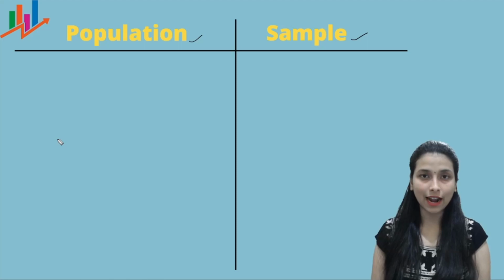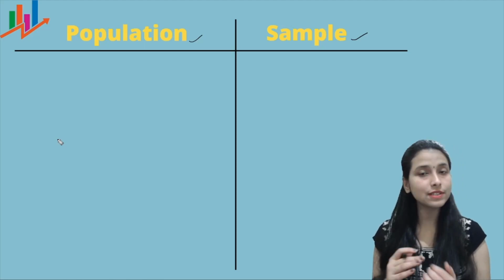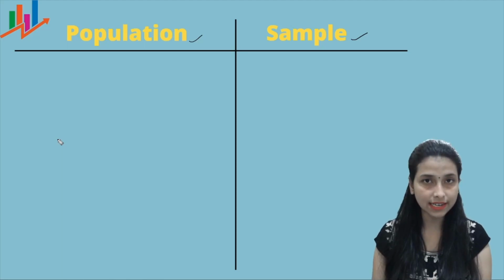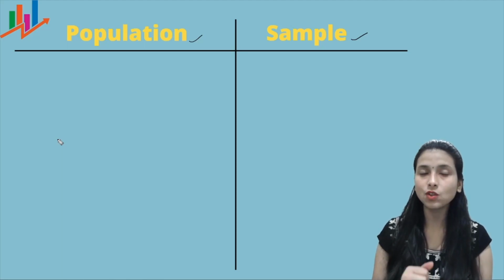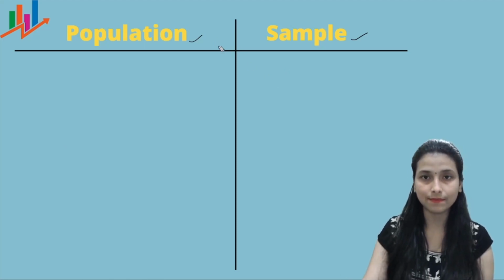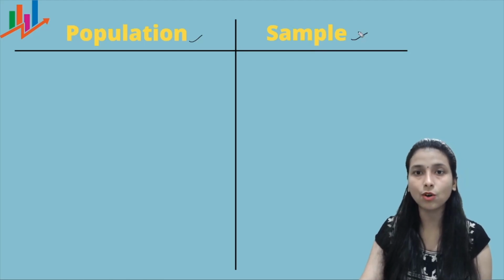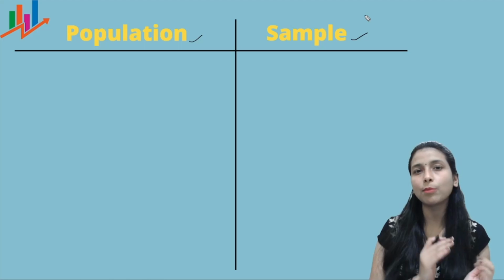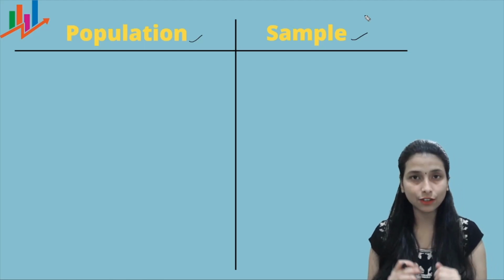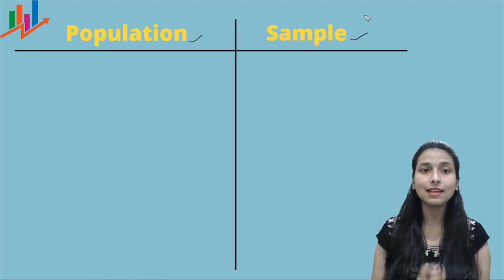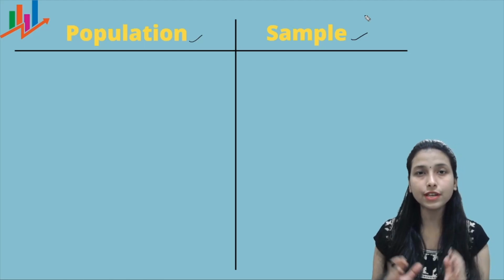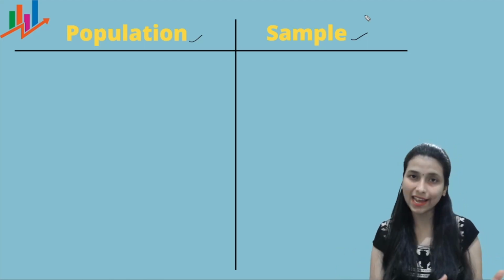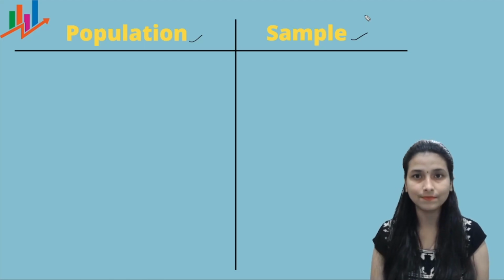Now first understand one thing. Whatever kind of statistical analysis we perform on the data, that data is not actually population data. That data is something called sample data. Why don't we take the population data to perform any kind of analysis? That's because the population data is very huge in size, so we will not be able to analyze it.